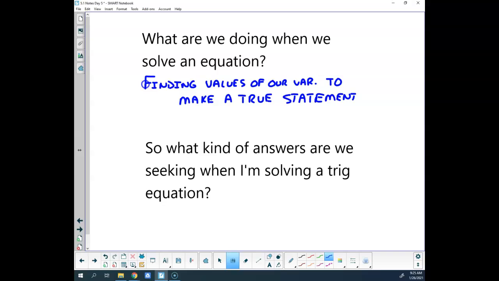When it's a trig equation, we're not finding values of our variable, we're finding angles. Finding angles to make our truthiness. Okay?